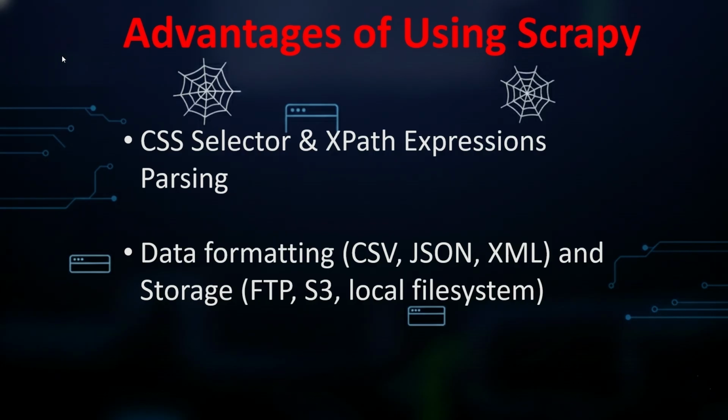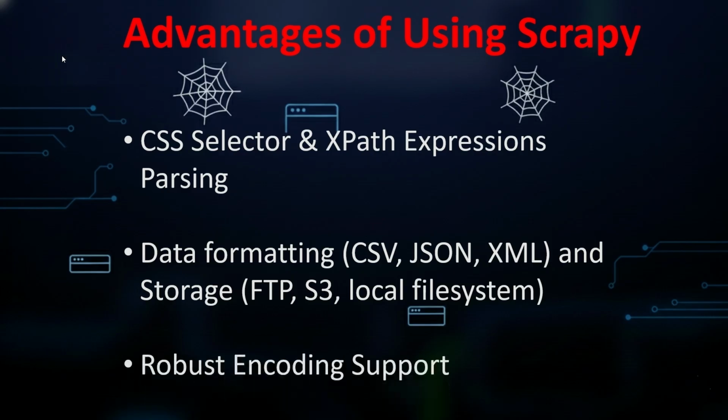And also, if you want to store the items that were rendered or extracted from a particular website, you can use the local file system to store them, or you can add an S3 bucket configuration. So you can save it on the cloud and then retrieve them later when you need them. Then there is also robust encoding support in the Scrapy framework.